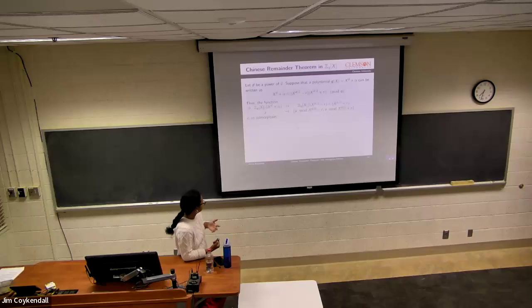So again, this is the Chinese Remainder Theorem, but written in the context of ML-DSA. So we are going to have this value x to the d plus alpha, where d is a power of 2. You're going to see why it is a power of 2.